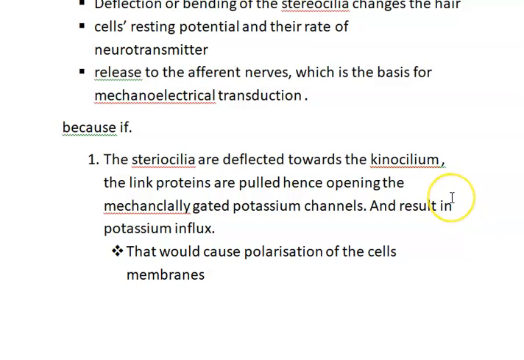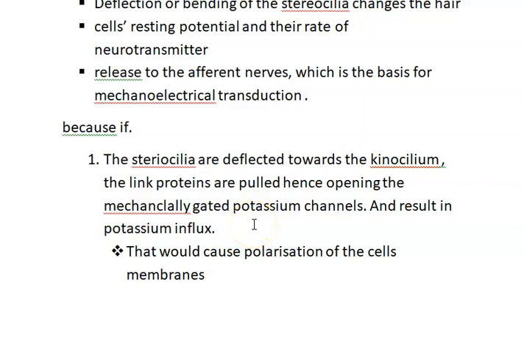Remember the link proteins that were at the apical part of these stereocilia. So when the stereocilia are deflected towards the kinocilium, the link proteins will be pulled. Hence, that will cause opening of the mechanically gated potassium channels. Why? Because the stereocilia have been deflected towards the kinocilium.